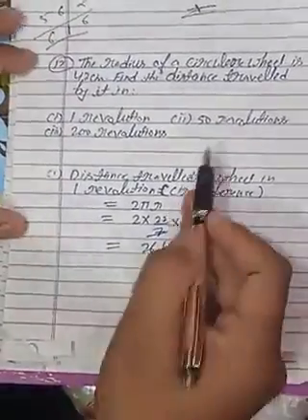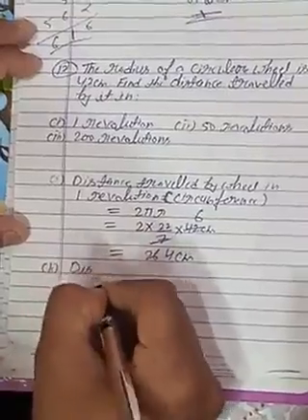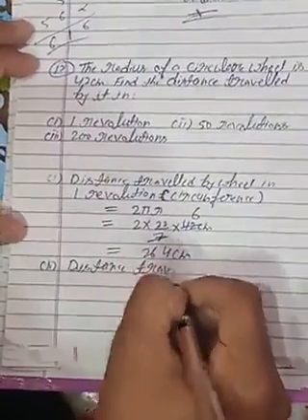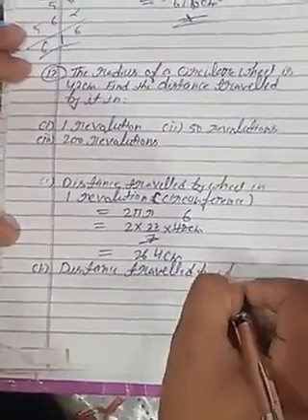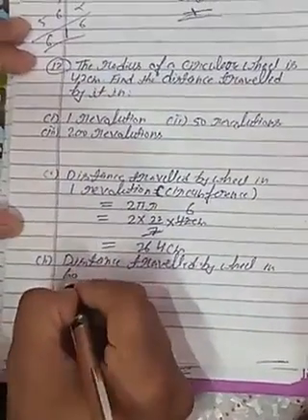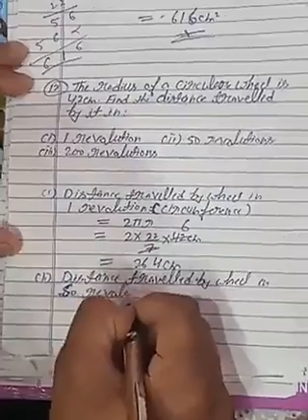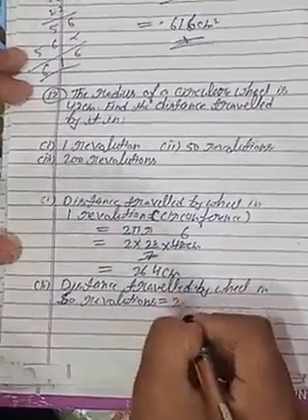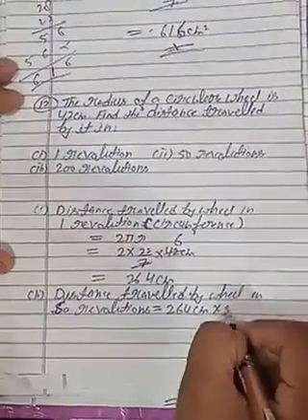In the second part, in 50 revolutions. So students, distance traveled by wheel in 50 revolutions is equal to, distance traveled in one revolution is 264 centimeter, in 50 revolutions multiply by 50.